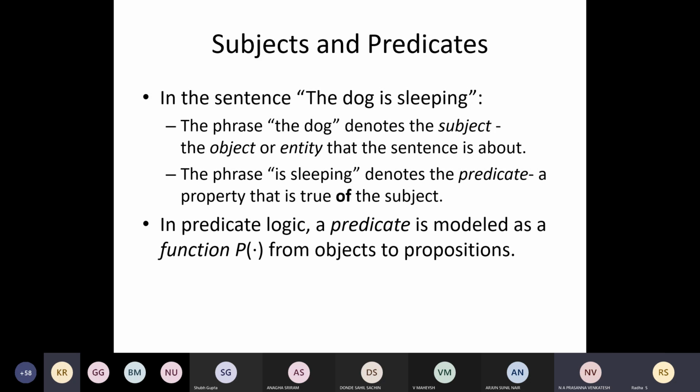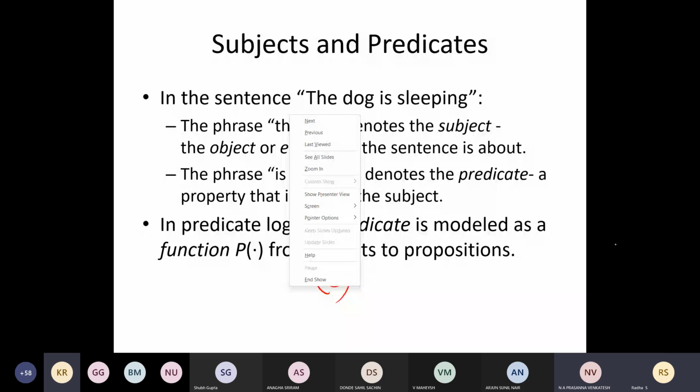In predicate logic, a predicate is modeled as a function. I can write like this: S of dot. The dot is replaced by anything. Suppose the dot is sleeping. So if I use D here, dog is sleeping.